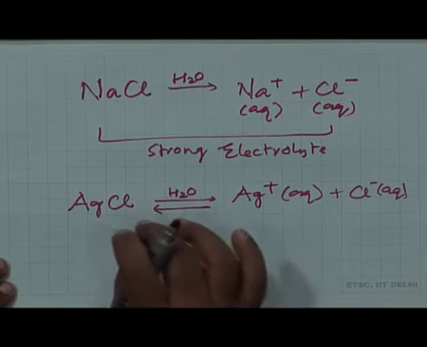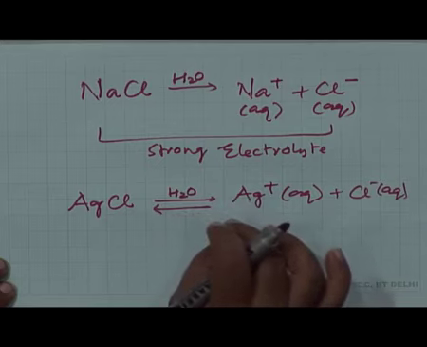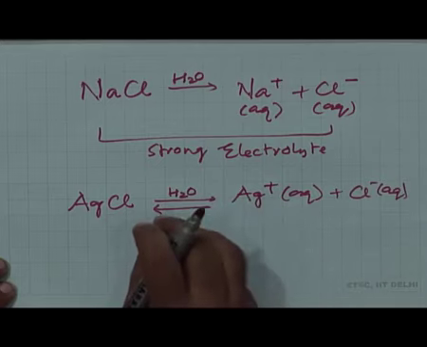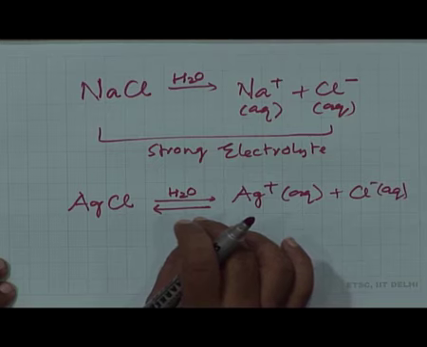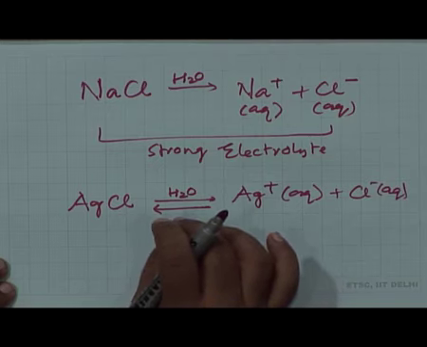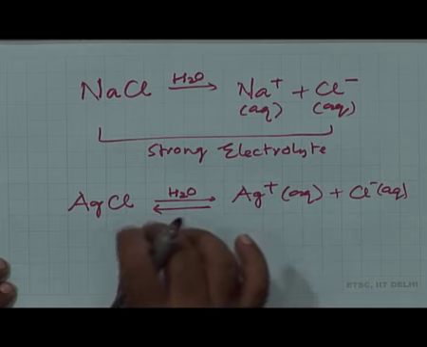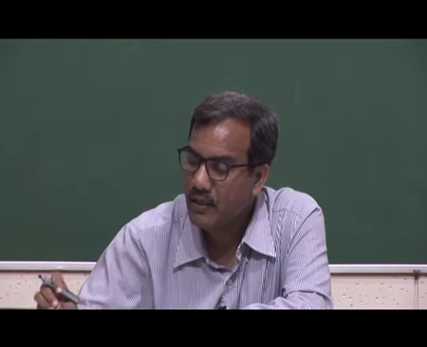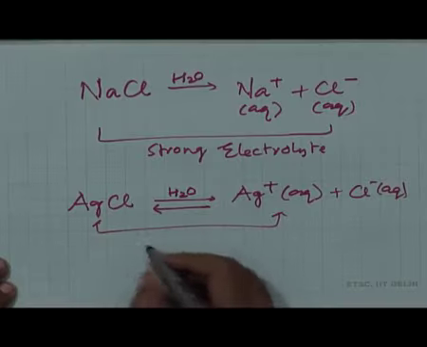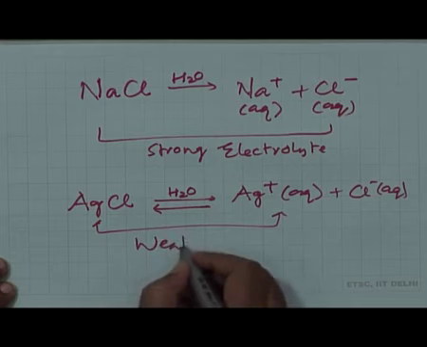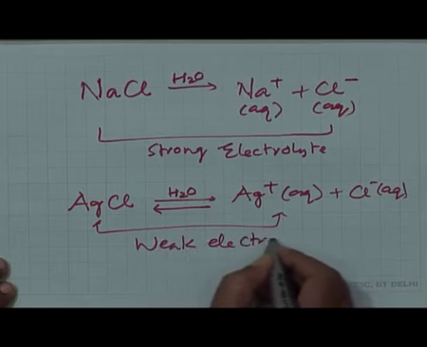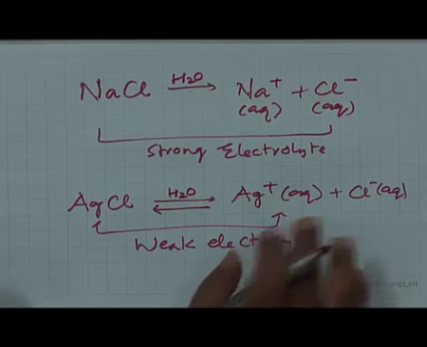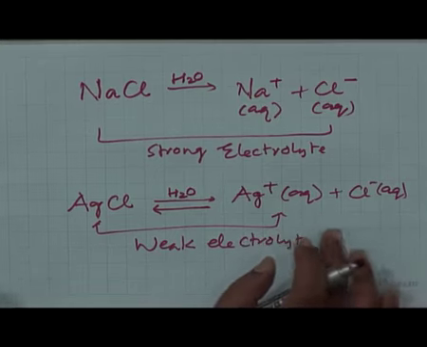What this means is AgCl is not completely dissociated. Only part of AgCl will be in solution and that part will be dissociated, whereas the other will go out of the solution, and that is why these are examples of weak electrolytes, since it does not completely dissociate.